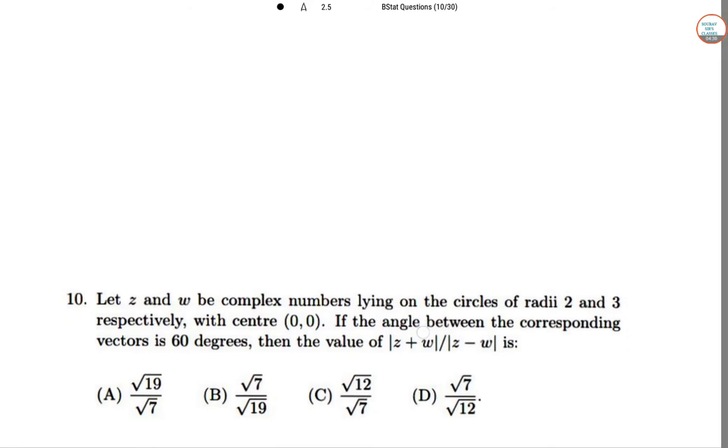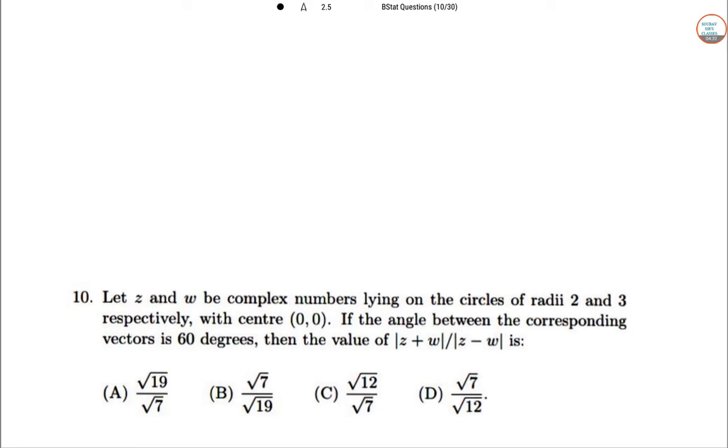The last one was a little bit theoretical. This one is again of that type. This is about complex numbers. Z and W are two complex numbers lying on circles of radii 2 and 3 respectively with center 0, 0.